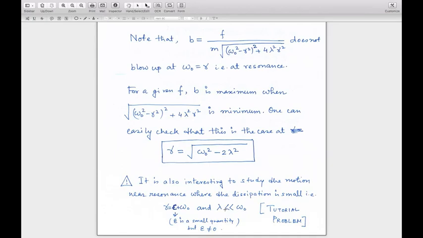Can we do something? That will be a generalized resonance for the case with dissipation, the realistic case, and this will be a generalized case of beats, if you remember that, right? So just think about this, and I will try to come back to this problem through a tutorial. Okay, thank you very much.